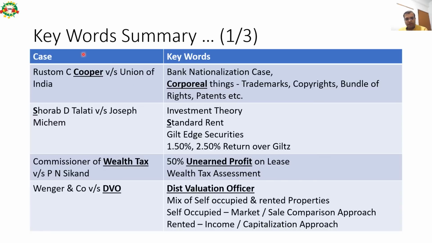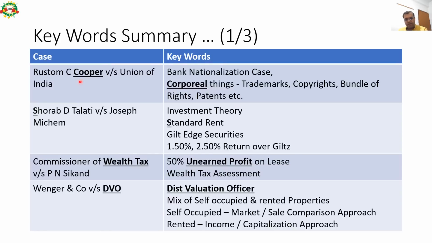If the examiner is asking for this case, then the keyword is bank nationalization case, and from Cooper you may remember corporeal things. So the Cooper case is related to corporeal things, and please remember the bank nationalization case. If either of these two words is given in the question, that means the examiner is asking about Rustam C. Cooper versus Union of India.